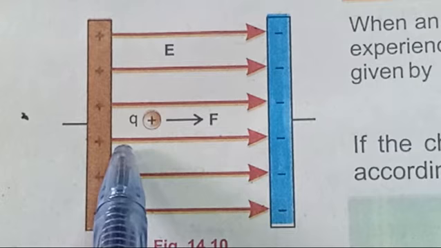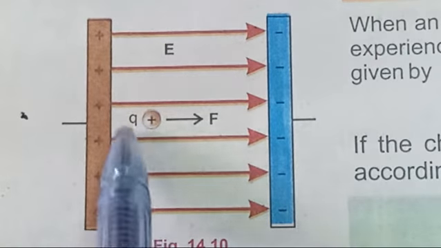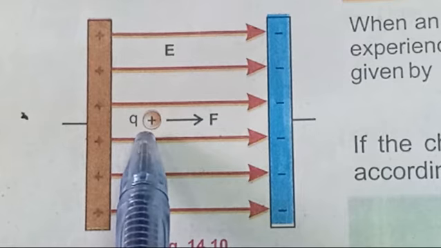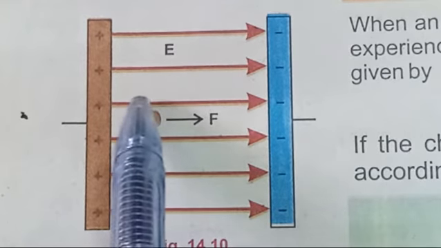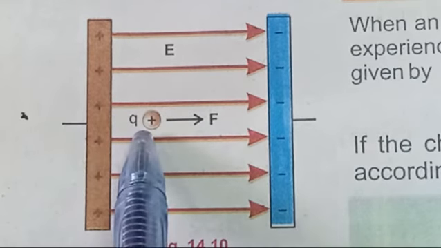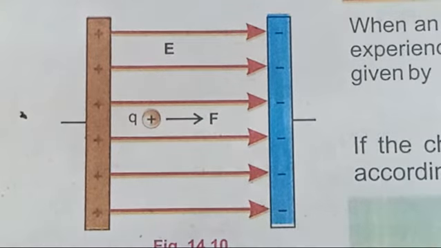And what is Newton's law? Newton's second law of motion. If this charge is free to move, then according to Newton's second law of motion, F is equal to ma. We know very well F is equal to ma, and if it is allowed to accelerate freely, acceleration a is equal to F over m, and we have discussed that F is equal to QE.